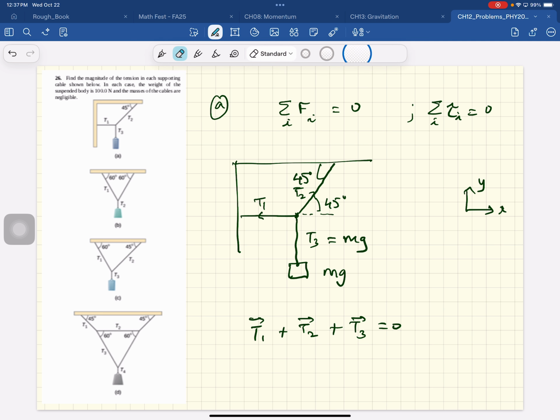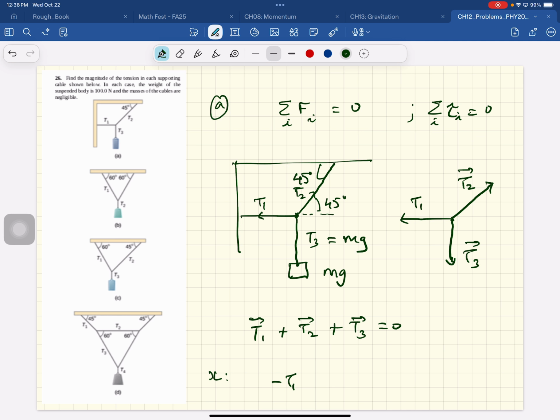Let's look at the x components. T1 has an x component of minus T1, and T2 has an x component, which is T2 cosine 45. Let me add another diagram so that when you're looking at it later, it's clear: this is T2, T1, T3.